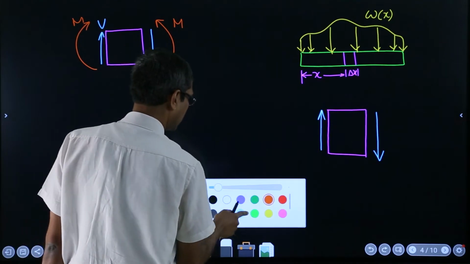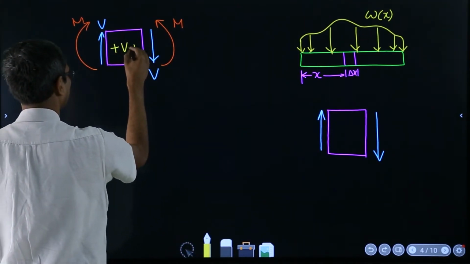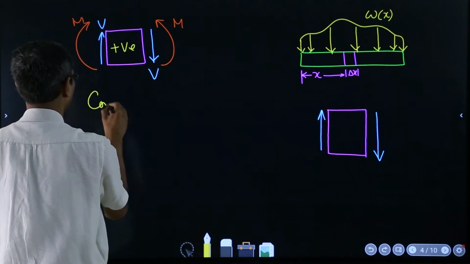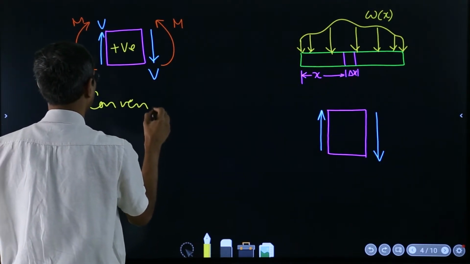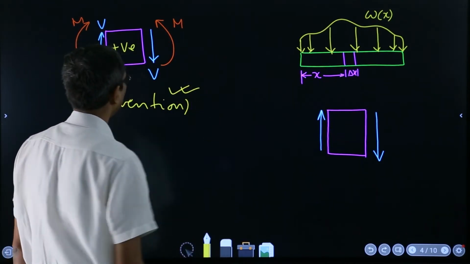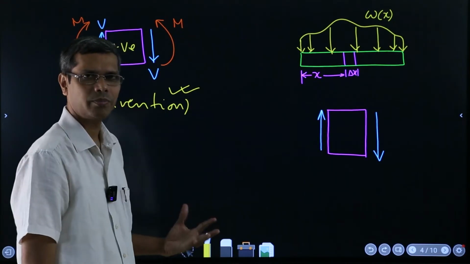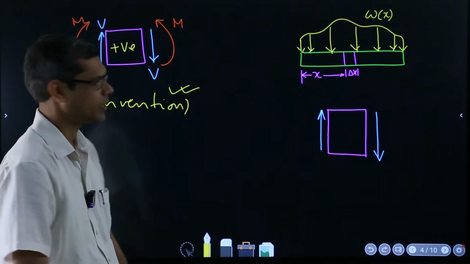And I will write inside this, these are all positive. So this is a convention. There is nothing wrong or right about this. It is right because people have taken this to be the convention.